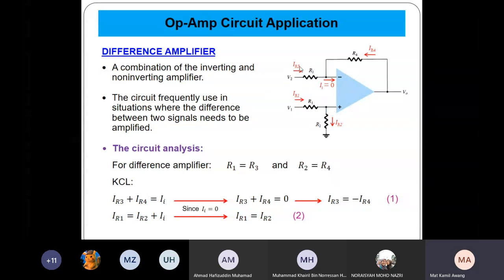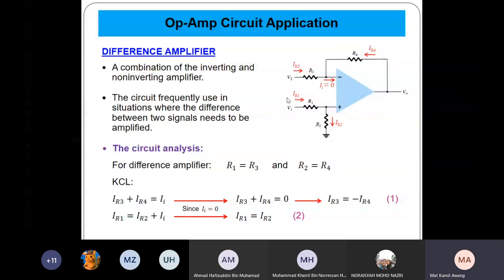So now, previously, if it's non-inverting, this is ground, right? You don't have this. This part is ground for inverting. For non-inverting, you ground this part, but this is the signal.